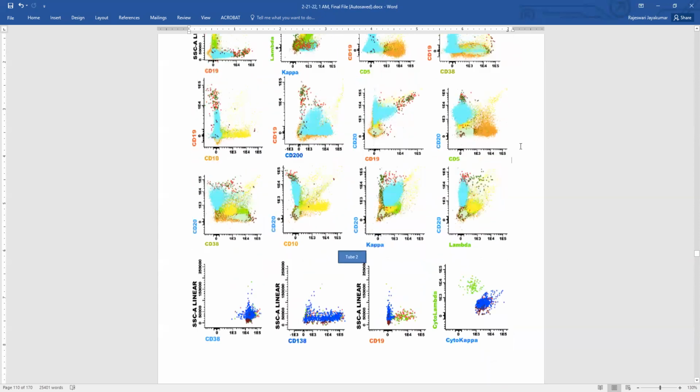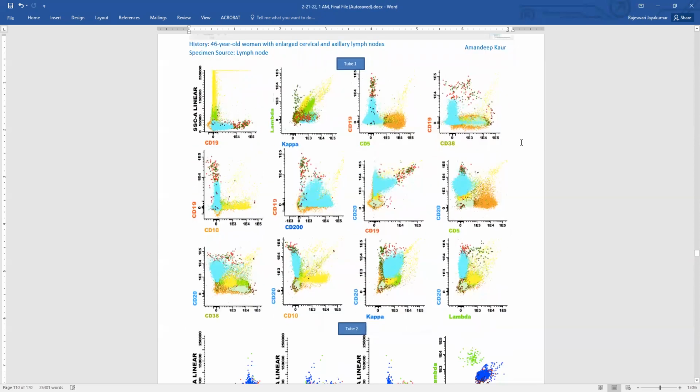Now, in the first tube, we saw that there is a population expressing variable CD19 and kappa restricted, and it expresses CD20, and a subset expresses CD38 and CD200. So now aberrant plasma cells and B cells can exist together. And this is something that is suspicious for that kind of picture, because you have a CD38 positive CD19 negative population, which can be seen in neoplastic plasma cells.